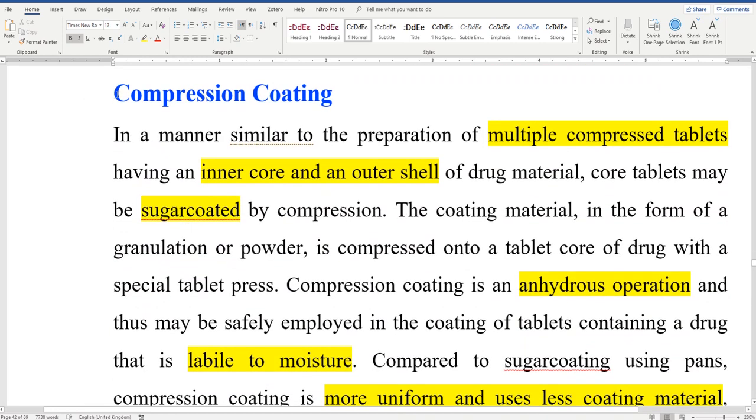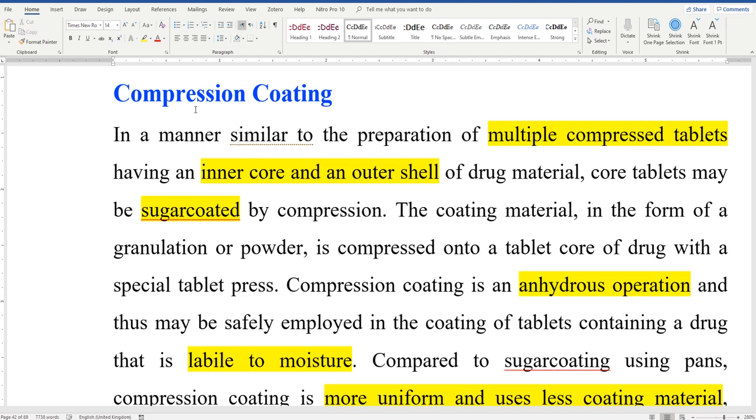Okay, the last type of coating is compression coating. For compression coating, I want you to go back to the multiple compressed tablet, the type that is a tablet within a tablet. We have a core and we have a shell. Now I can do sugar coating by a dry method. How?